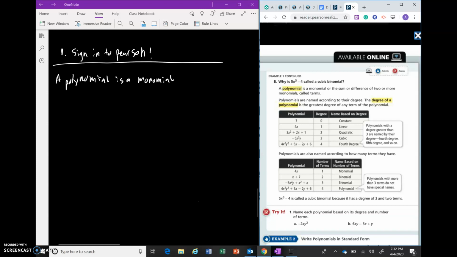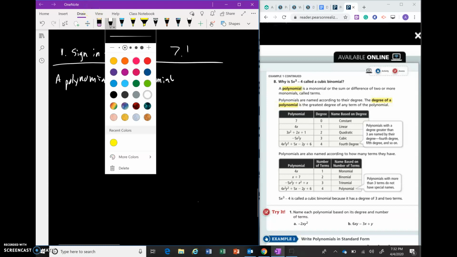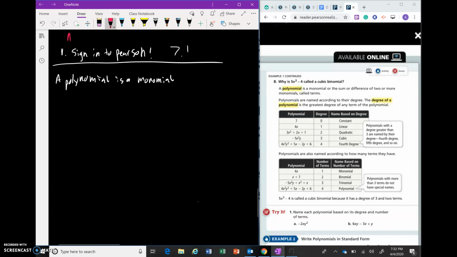This now is called 7.1, and we'll call it adding and subtracting polynomials. Please sign into Pearson. This is chapter 7.1, so let me give you a definition.